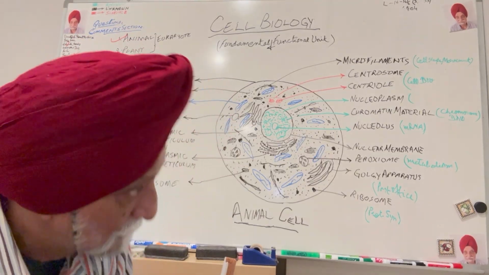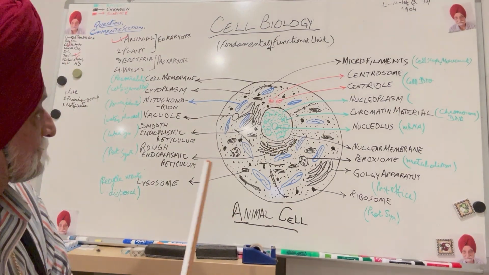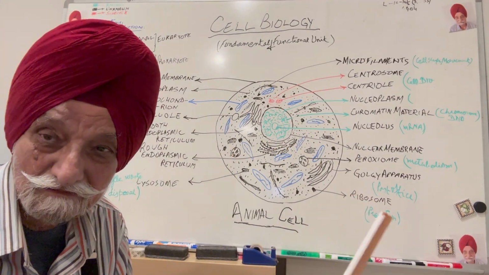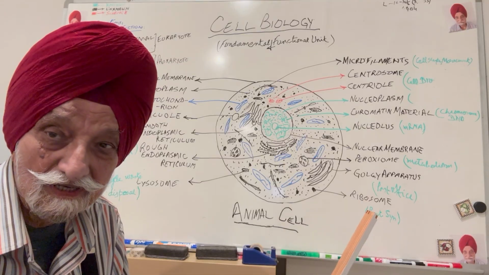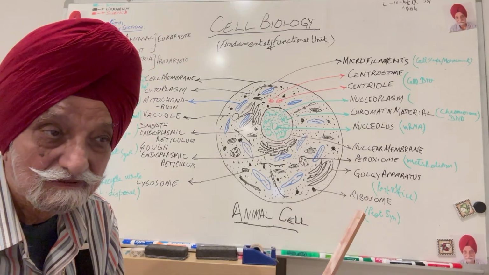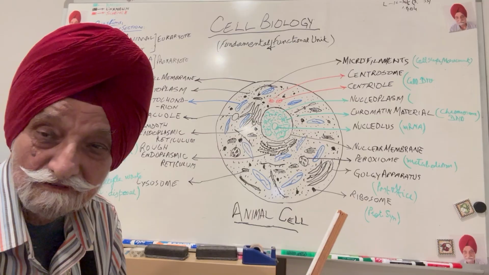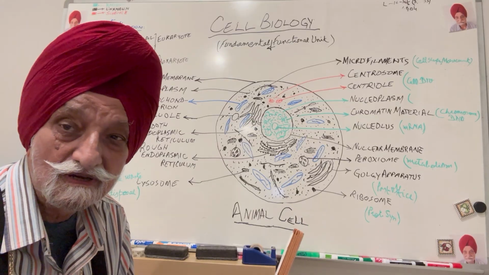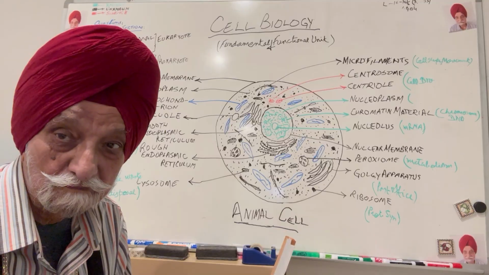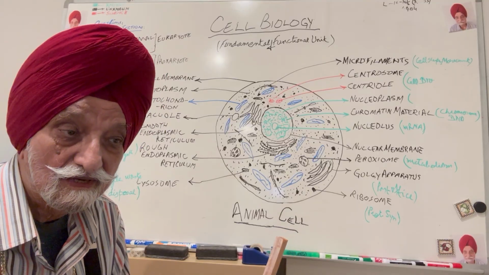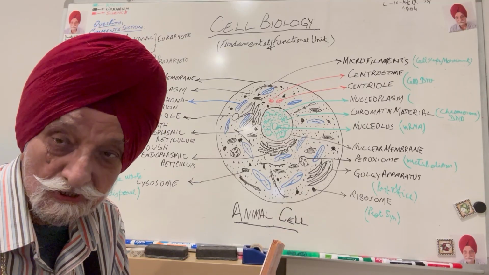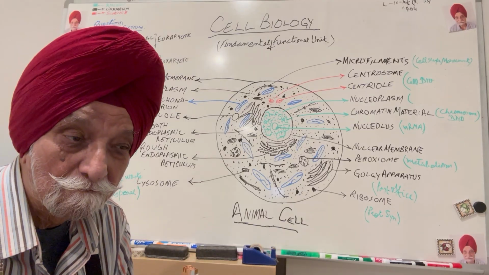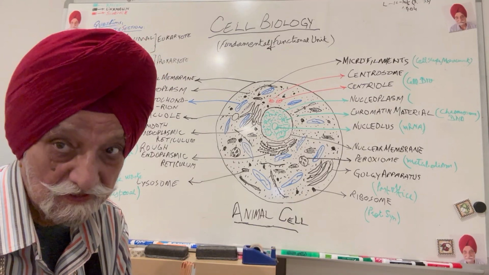Now, there are two types of cells to begin with. One are called prokaryotes, and the second ones are called eukaryotes. Prokaryotes are the primitive, old type of cells found in bacteria and viruses.